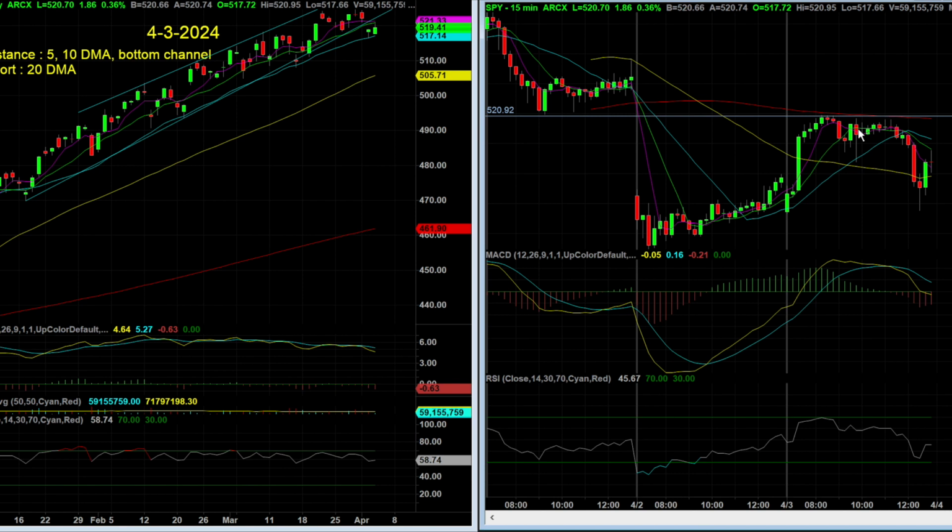So we'll see tomorrow whether it will be filled or not. But for now, it looks like the bulls are still in control. The market's not crashed. So be careful if you want to short the market.